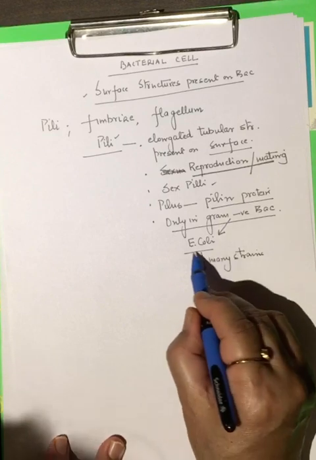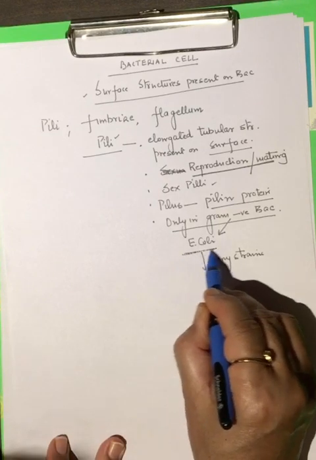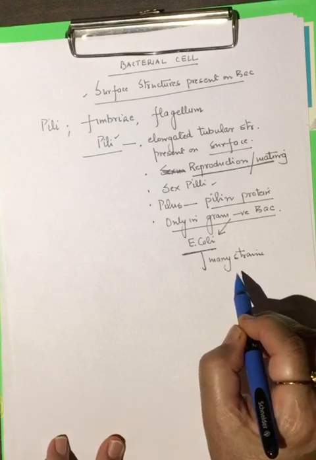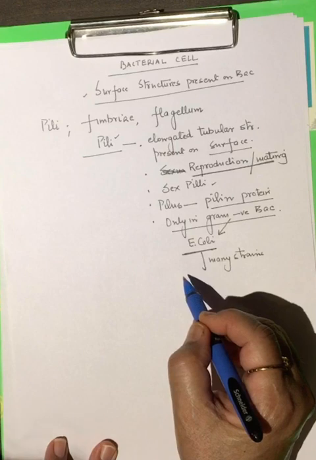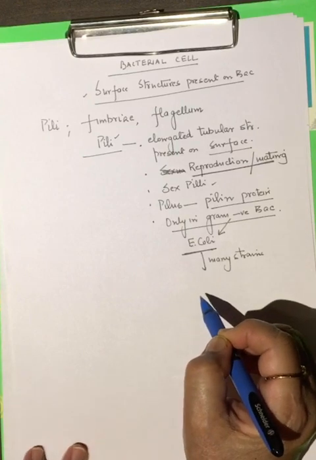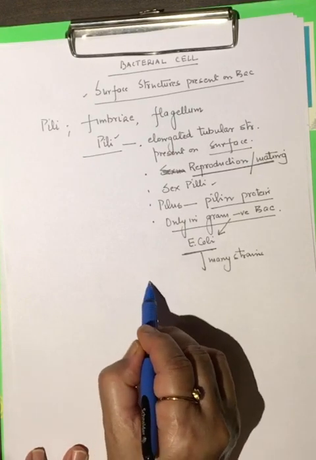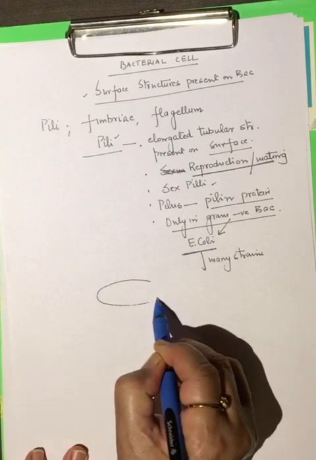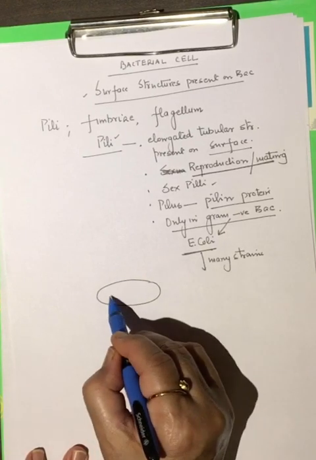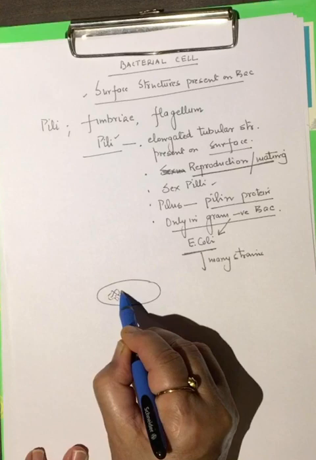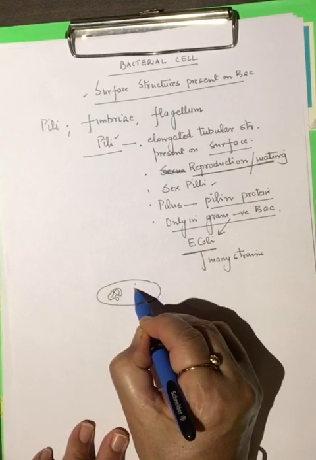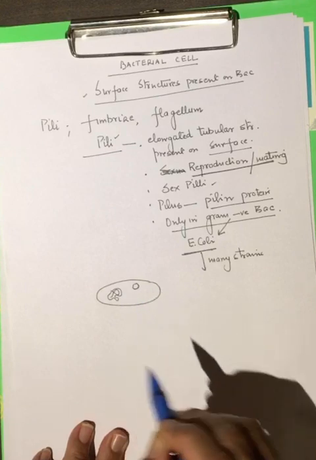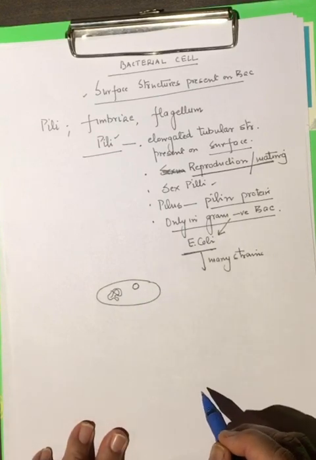Now, which E. coli will have the pili? Those E. coli which have the plasmid called F factor. Suppose this is an E. coli bacterium, a bacillus. This is the main chromosomal DNA, and there are also circular DNAs which are extrachromosomal, called plasmids.